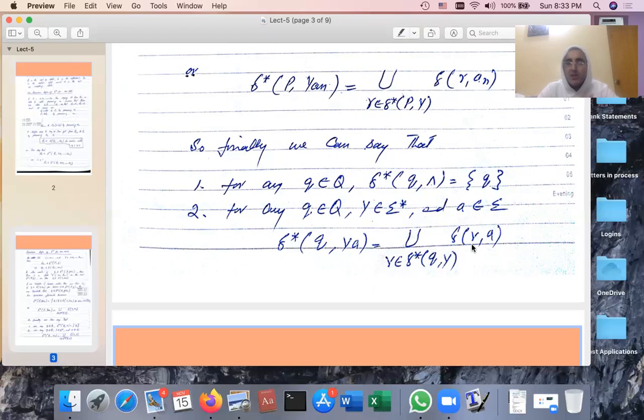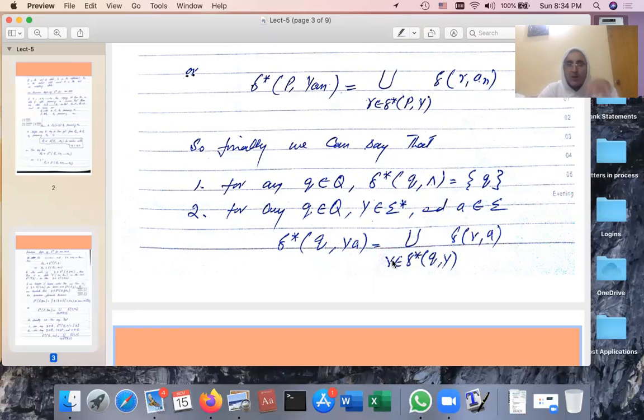So this is again a rewriting of these equations. So delta of r comma a, where r is my previous state. After processing this a, which is an, I can reach the state where I want to reach. And here I am explaining what this r is: the union over r belonging to delta star of q comma y.